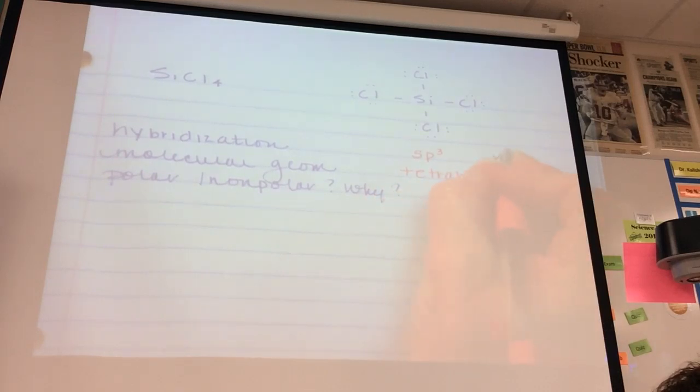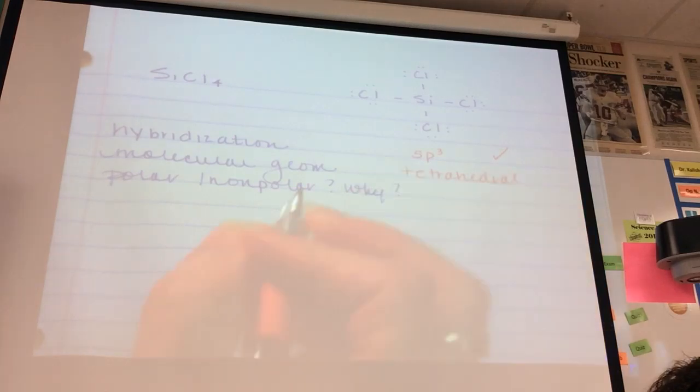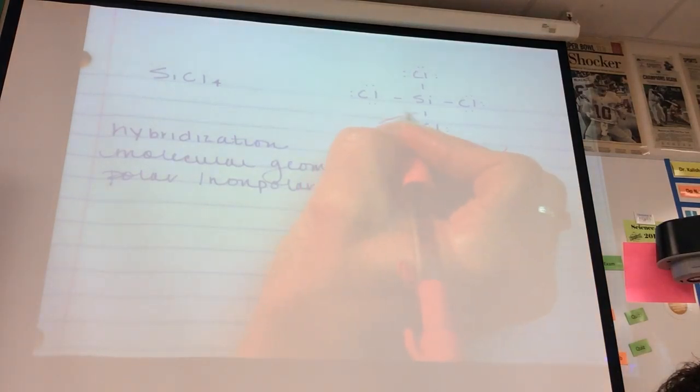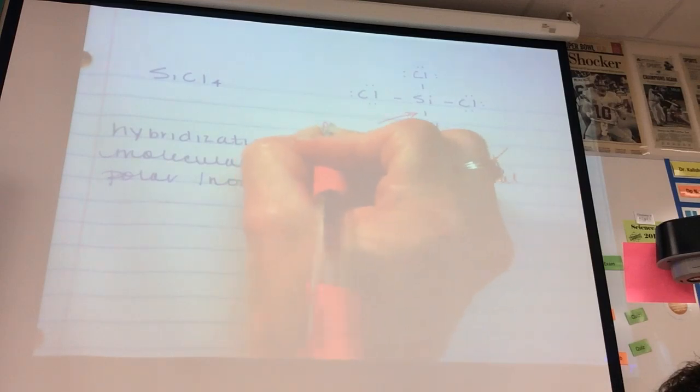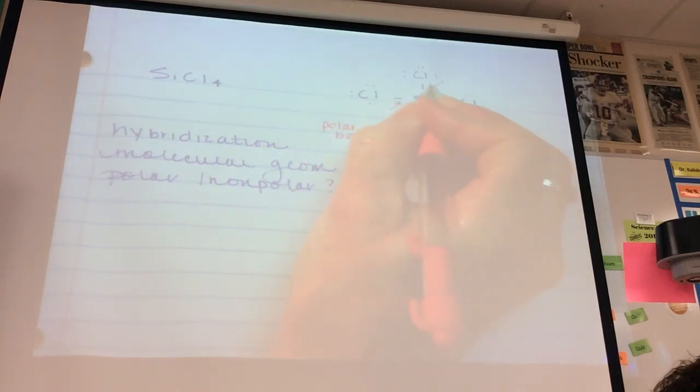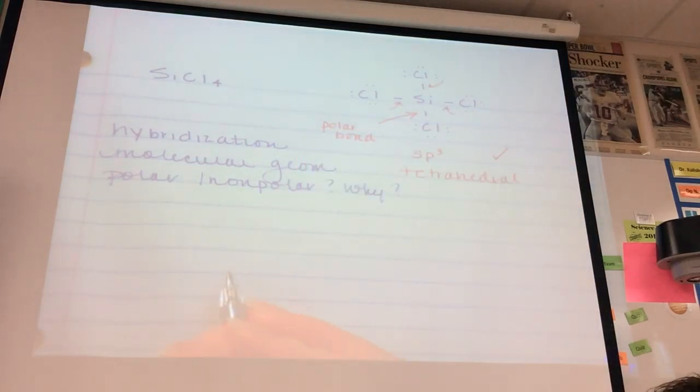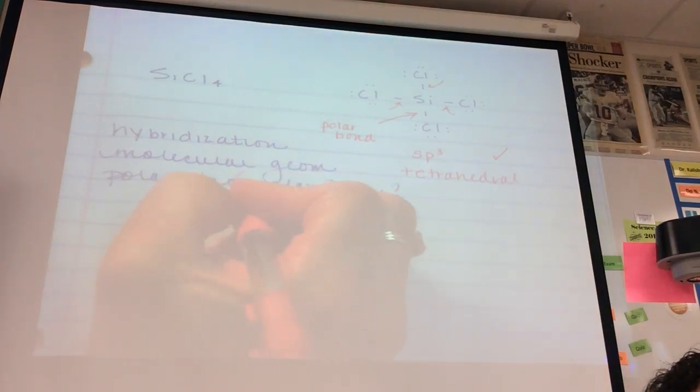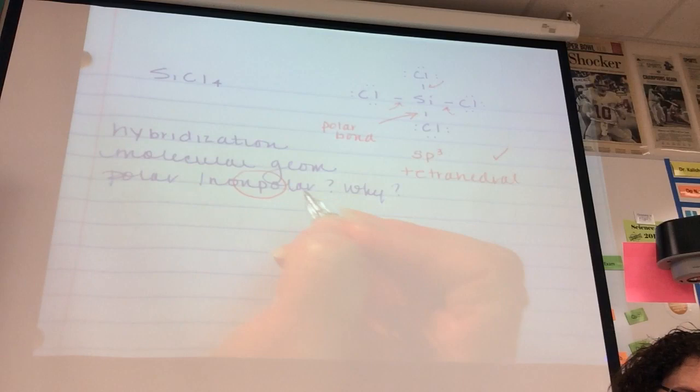So here's the new piece. This is from last time. Now, I will tell you that silicon to chlorine, that's a polar bond, as is this, and that. Is the molecule polar or nonpolar? Nonpolar. Why? Because of symmetry, they naturally cancel. All right, so we've got to get the pieces down.